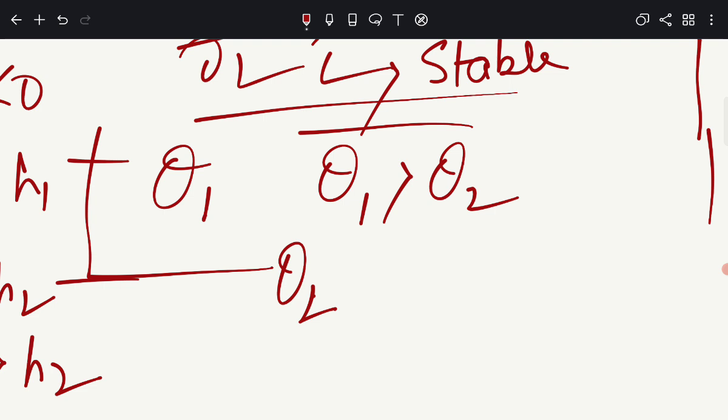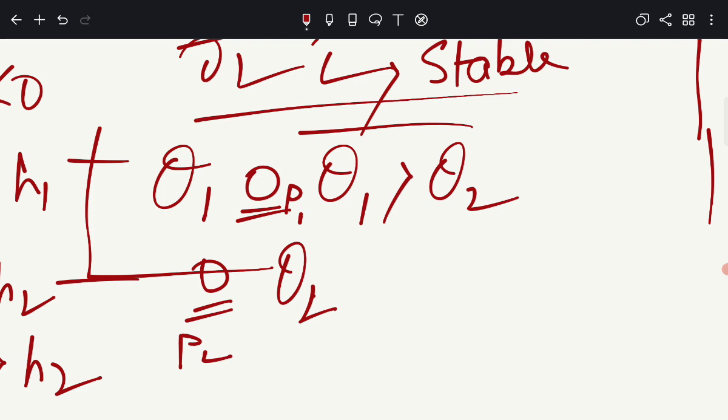We have an air parcel P1 with theta1 and an air parcel P2 with theta2.